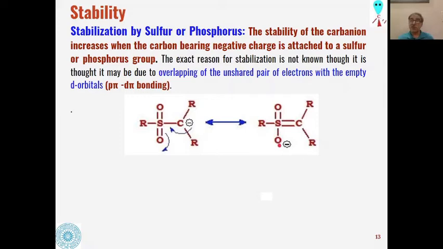So delocalization of the pi bond can take place like this, and these types of carbanions will have extra stability.